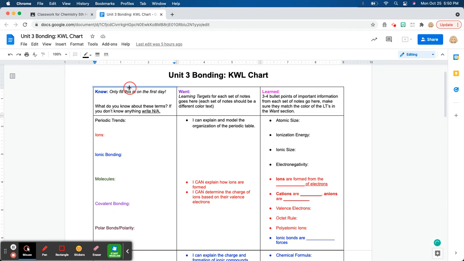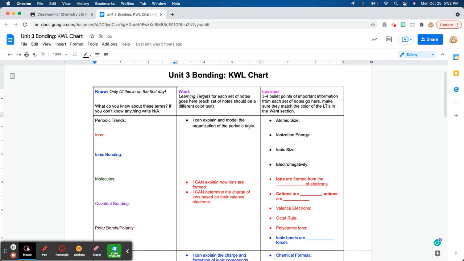You're going to pause this video, and I want you to type in here anything that you know about periodic trends from maybe your reading yesterday, anything you know about ions, ionic bonding, molecules, covalent bonding, and polar bonds or polarity. So you're going to go ahead and just fill in what you know. If you don't know anything, feel free to just write NA. Once you've finished that, you can go ahead and click play on the video, and we will resume with our notes.